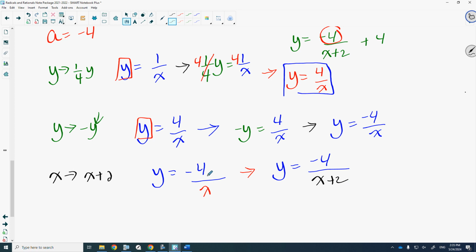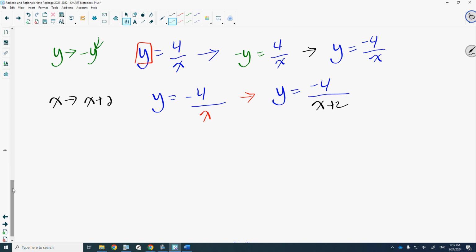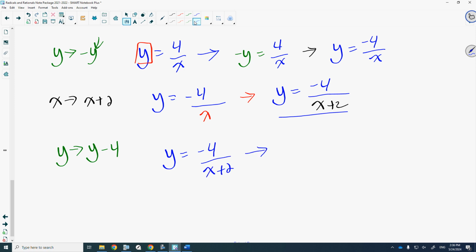And then we have our k value, which is 4, so it's going 4 up. That's a y replacement. So that's going to be y is replaced with y minus 4. So this is what we have so far. And we'll do a y replacement.